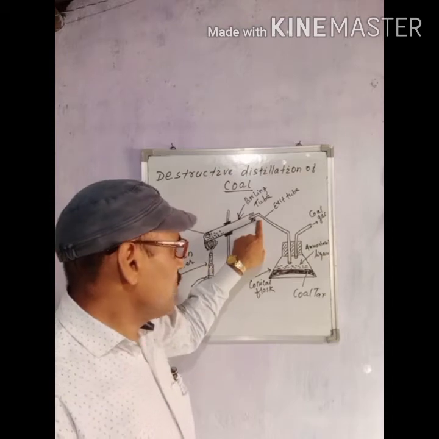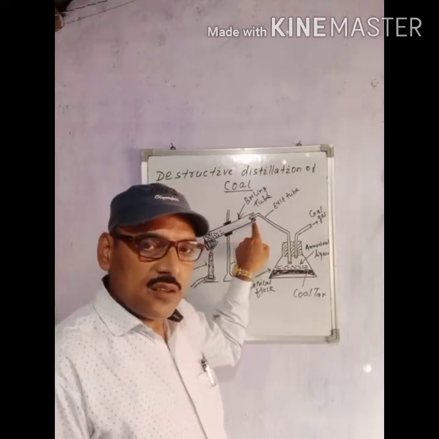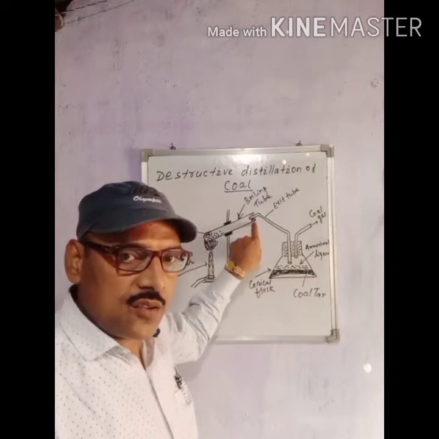This is an exit tube set with the rubber cork in the boiling tube.